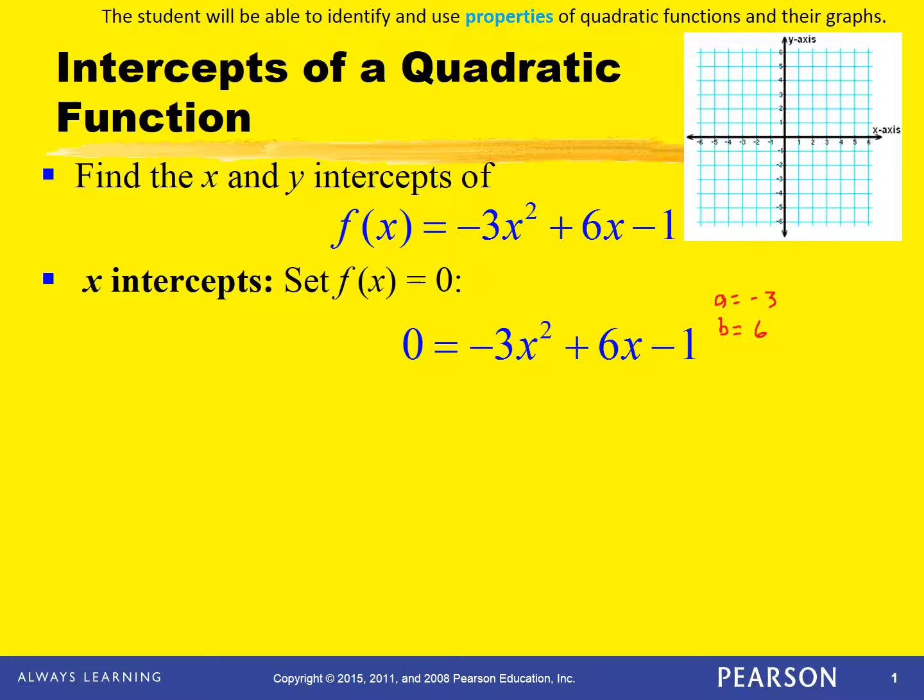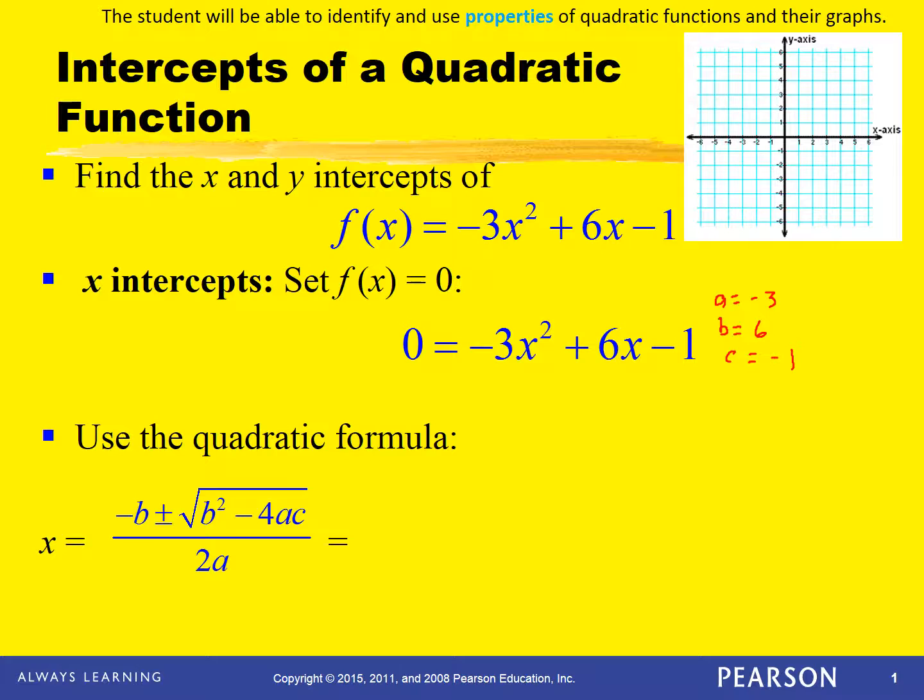We could solve this by completing the square, but we will solve it using the quadratic formula, with a equal to negative 3, b equal to 6, c equal to negative 1. And you throw all those into the old quadratic formula, right?